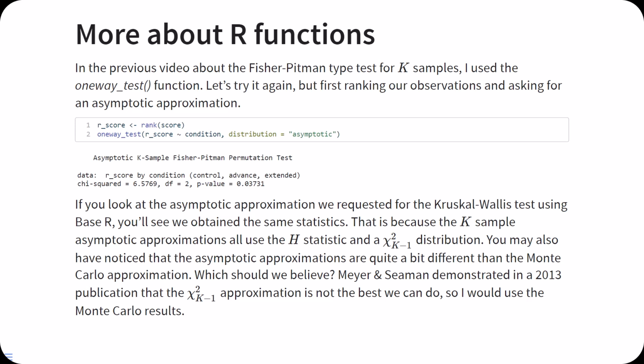It's not an F statistic if you're using original scores. It's an H statistic. All of the K-sample asymptotic approximations use the H statistic, and then they compare that to a chi-square with K-1 degrees of freedom. That is, they compare it to the mathematical model, the chi-square with K-1 degrees of freedom.